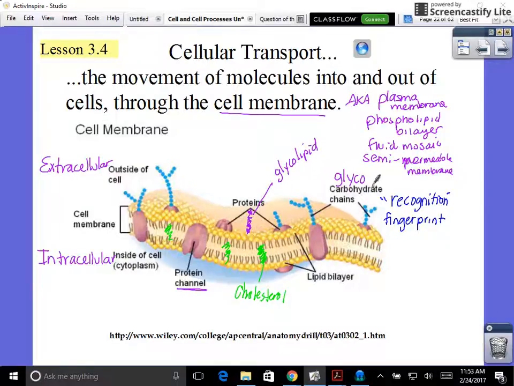Regardless, these glycolipids and glycoproteins are used to recognize, kind of like a fingerprint, to say you belong. So if something belongs in the cell, or if it's another cell that belongs up against the cell, these carbohydrate chains are involved in that. It's a really important concept in biology called cell communication or cellular recognition.